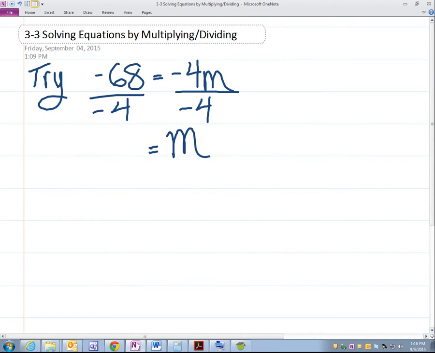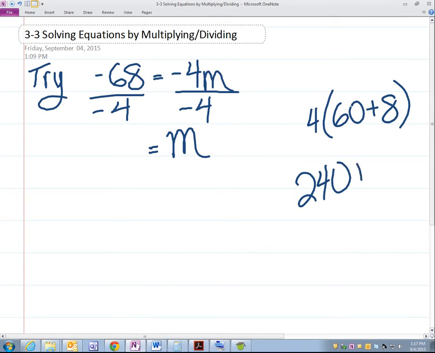Let's do how you can do this in your head. So off to the side, I'm doing 60 plus 8. 4 times 6 is 240.